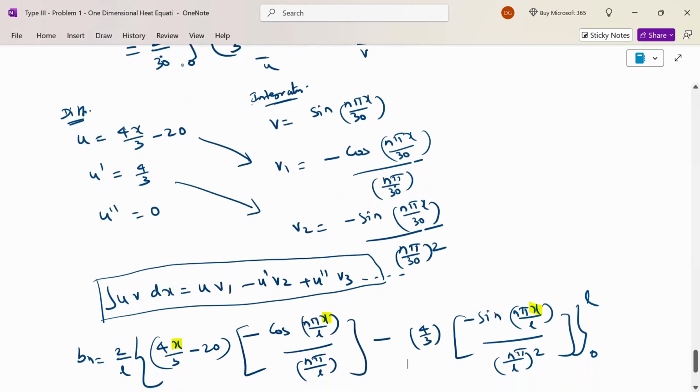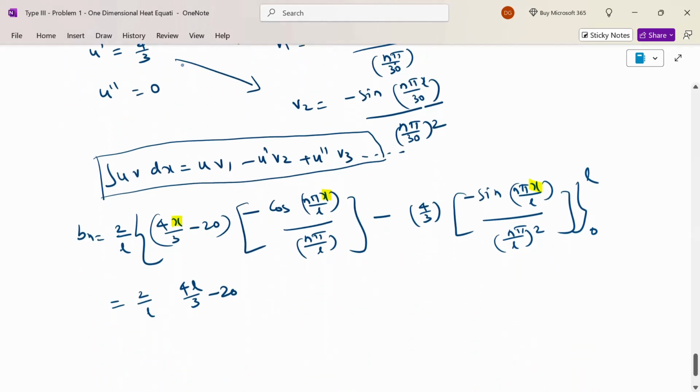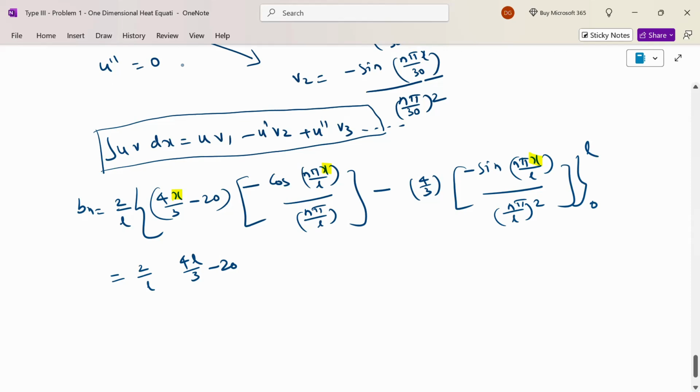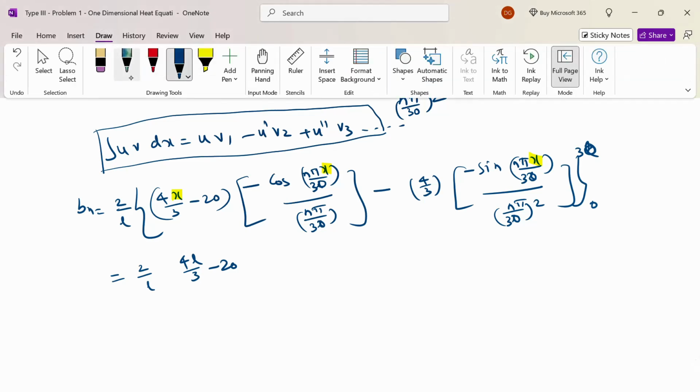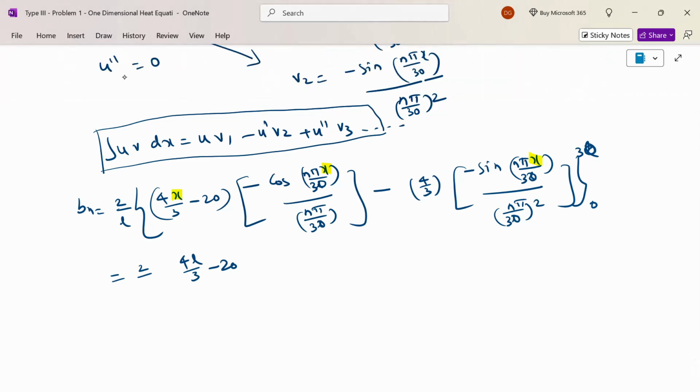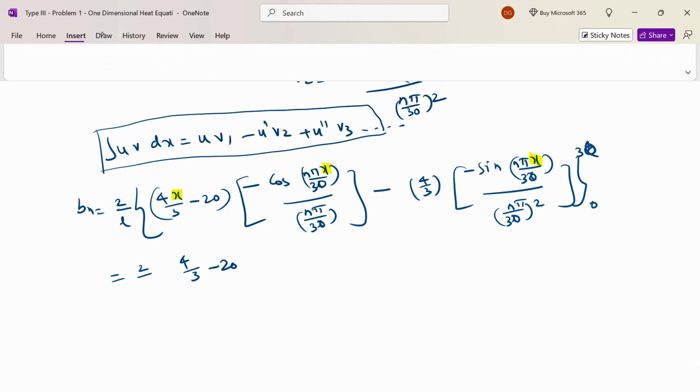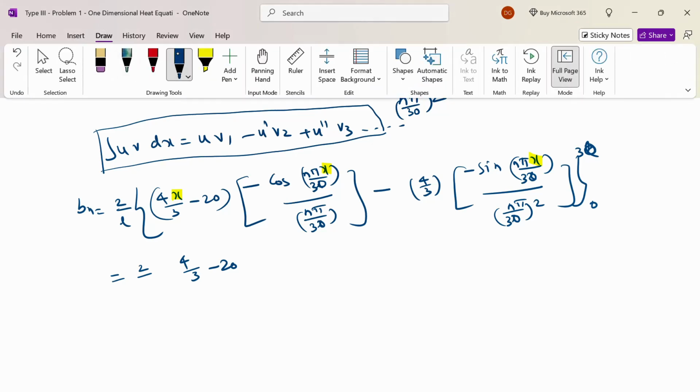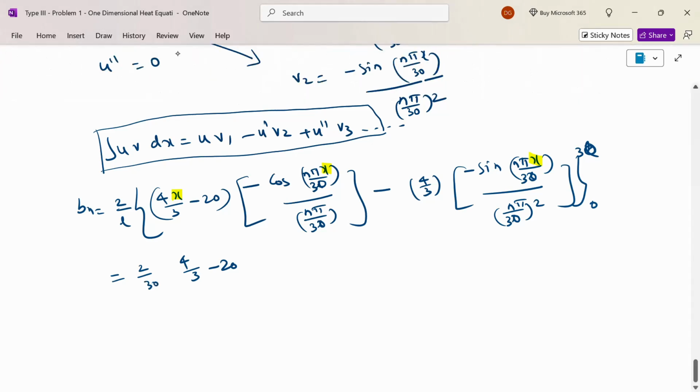Now substitute the upper limit and lower limit. So this is 30, right? When I change here, where x is, substitute 30. This is 30, then 30, then minus cos.